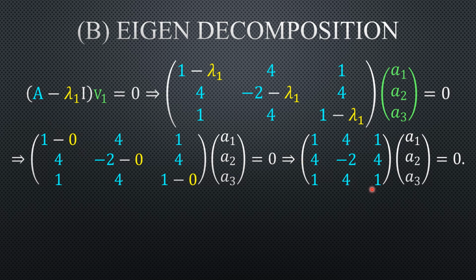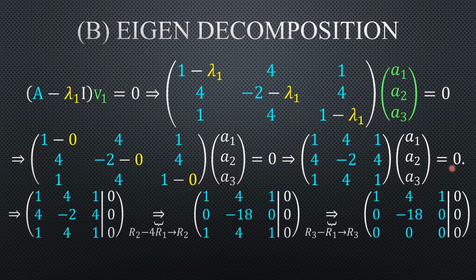Now, what this tells us here, this whole thing, again, this 0 is a vector 0, so it's 0 for 3 components. That being said, this is a homogeneous system, homogeneous because we're equal to 0, and as such, we can solve it with Gaussian elimination. This is done via row ops.